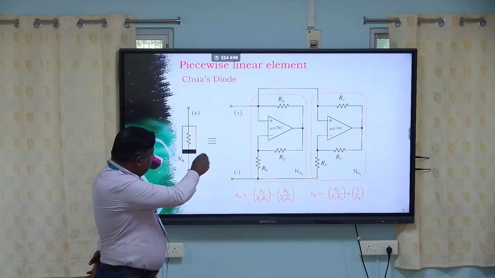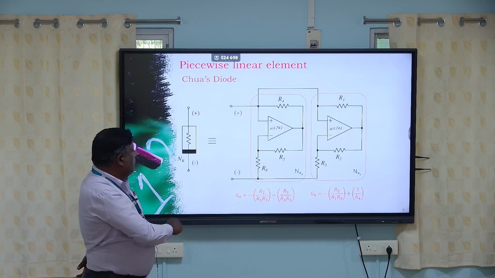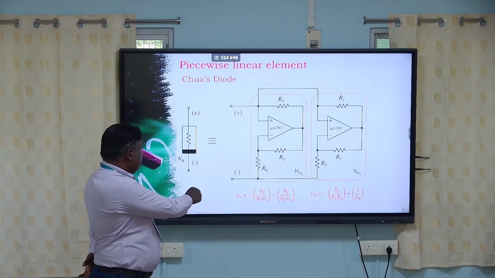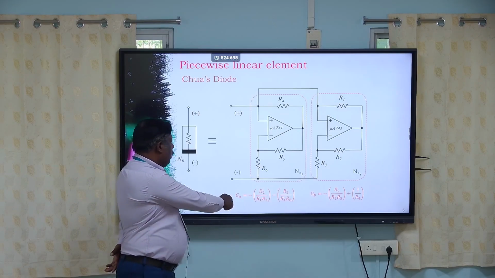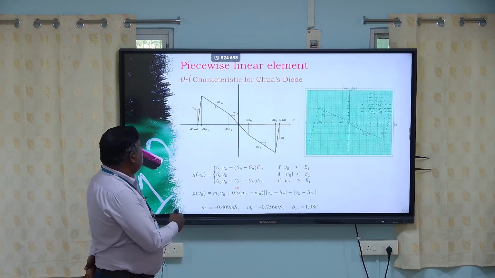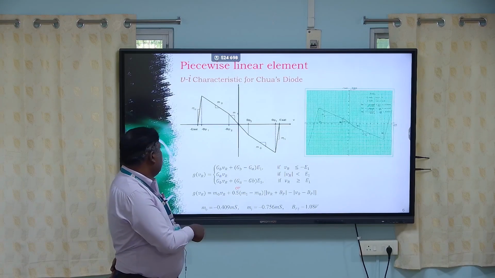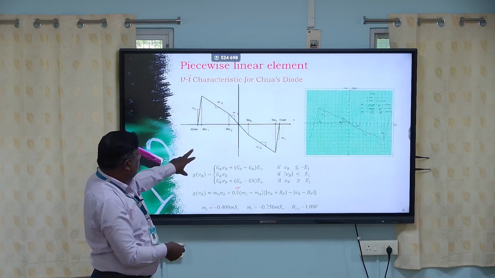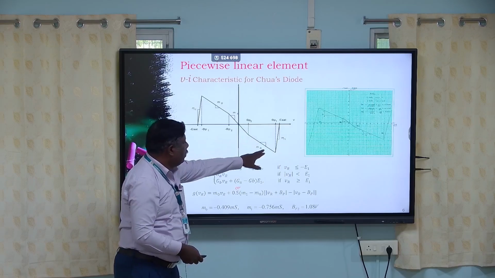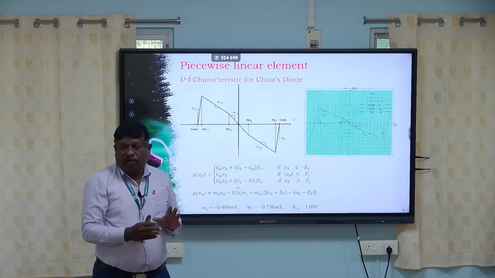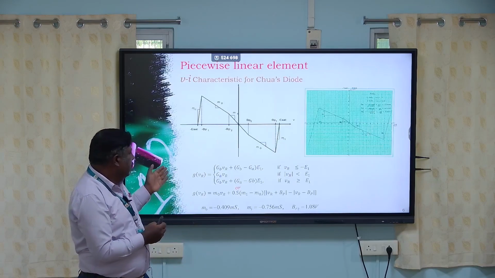By using this circuit, we can get 2 negative slopes, GA and GB, that are defined by the equation shown here. The characteristics of this Chua's diode are shown here. We can observe 2 negative slopes, one inner slope and another outer slope, and 2 positive slopes, totally a 5 segment piecewise linear element.